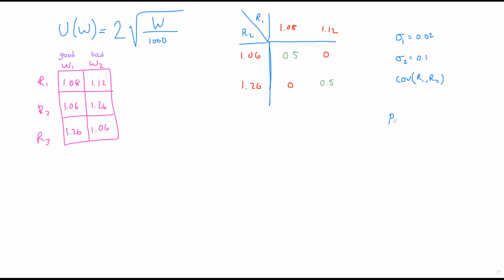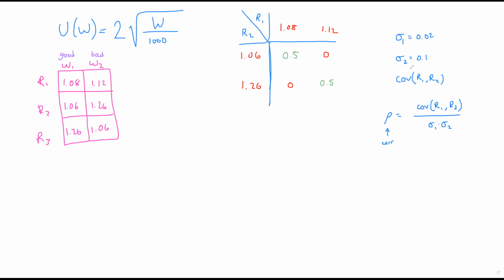And then the formula for correlation, it's a lowercase rho. Correlation, rho, equals covariance of R1, R2, divided by the product of the standard deviations, sigma 1 and sigma 2.